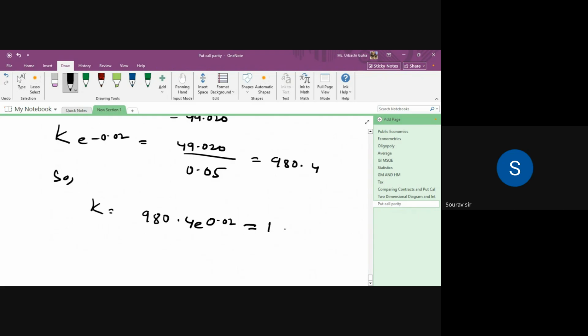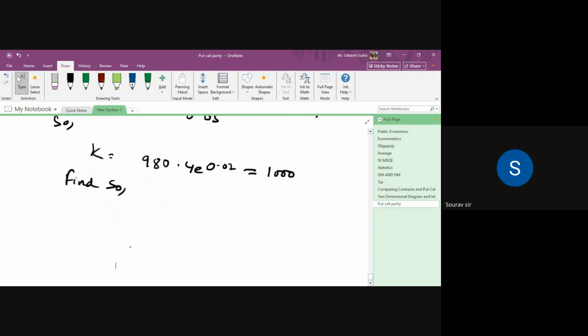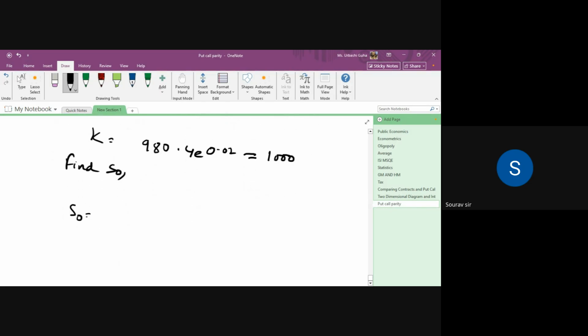That is 1000. Okay, so now you find finally S naught. So using 1, that is 19.608 plus 90.4, that is about 2.008. So that is 1.